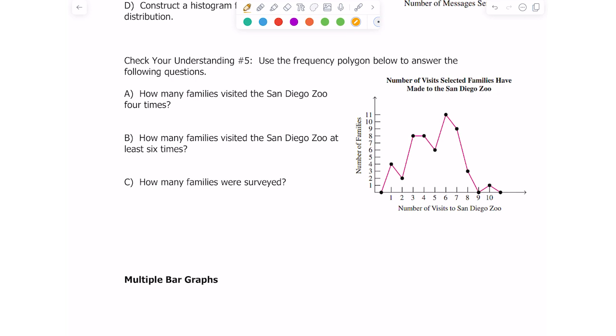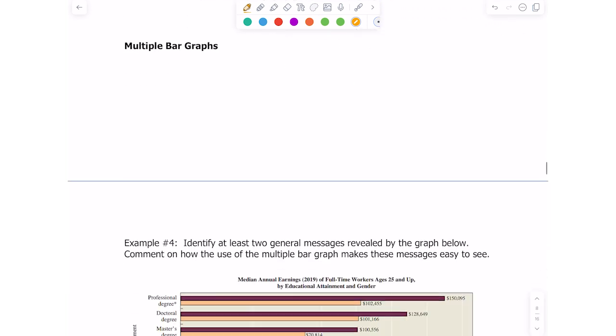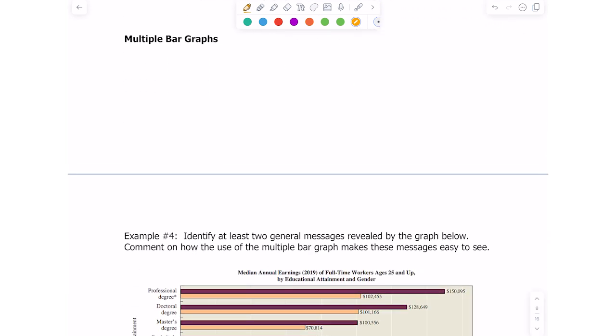Okay, so we started easy with just one bar graph. What if we have multiple bar graphs? So multiple bar graphs have two or more sets of bars that allow a comparison of two or more data sets.